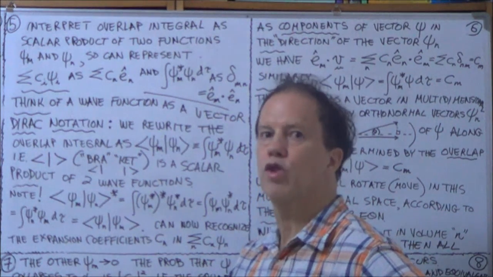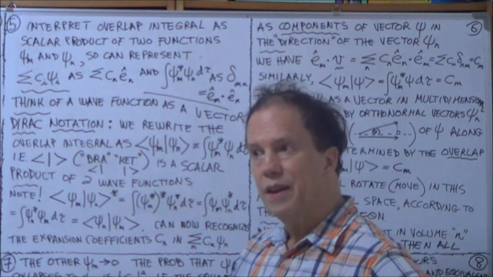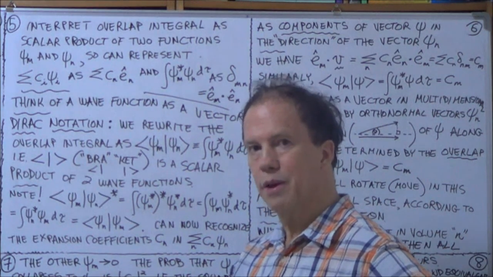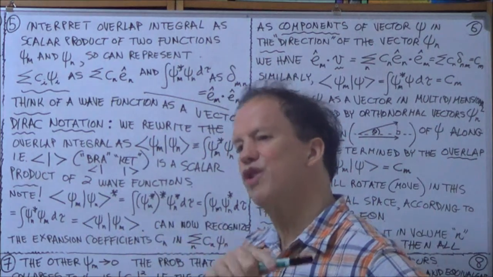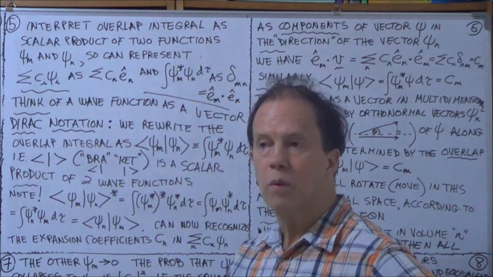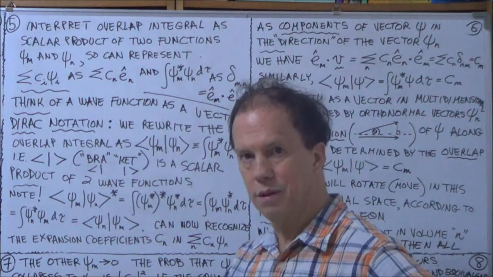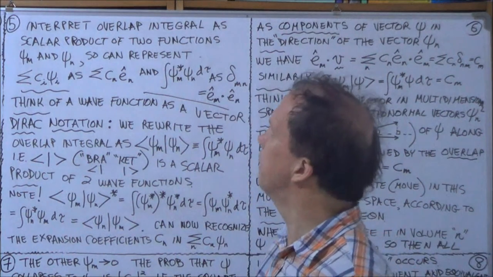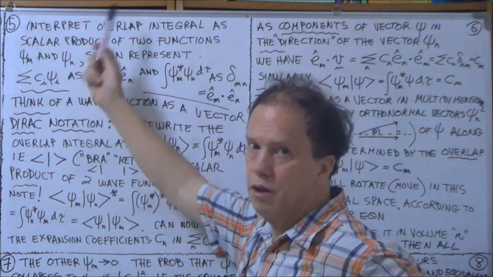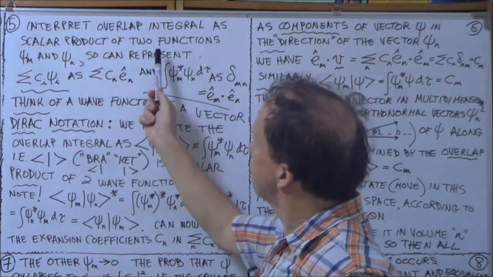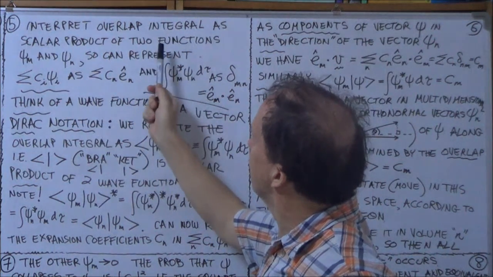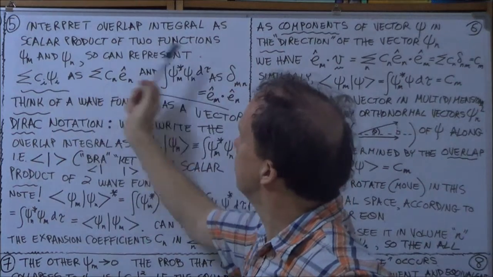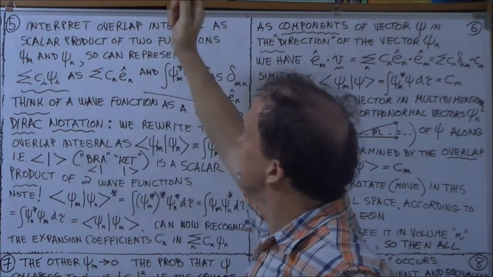Similarly, the cross product is a vector product, because when you cross two vectors you get a vector. When you dot two vectors you get a scalar, just a number, right? So scalar product or dot product of just two functions, two wave functions.